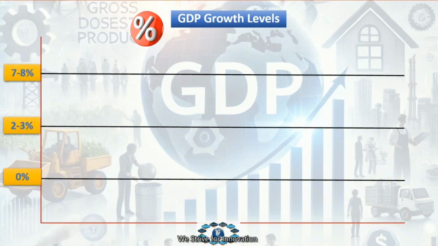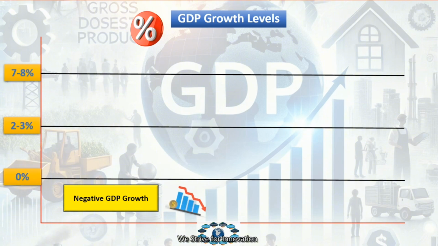So anything that's below 0, consider a negative GDP growth. If the GDP is shrinking, it can be a sign of economic trouble. 2 consecutive quarters of negative GDP growth usually means the economy is in recession.